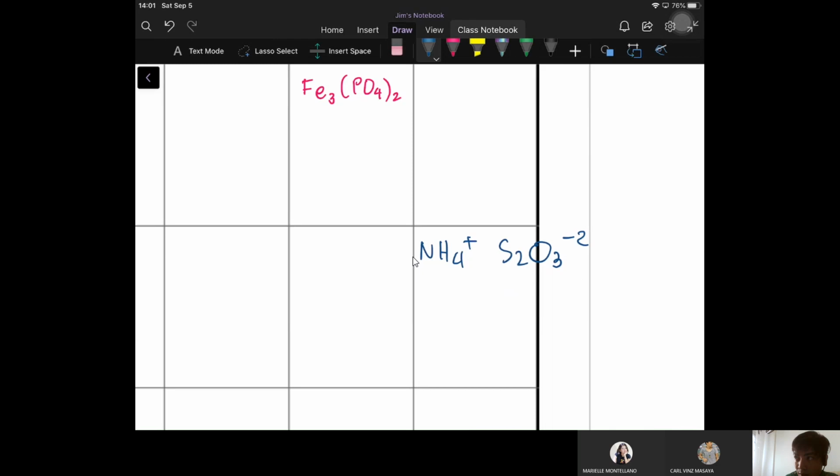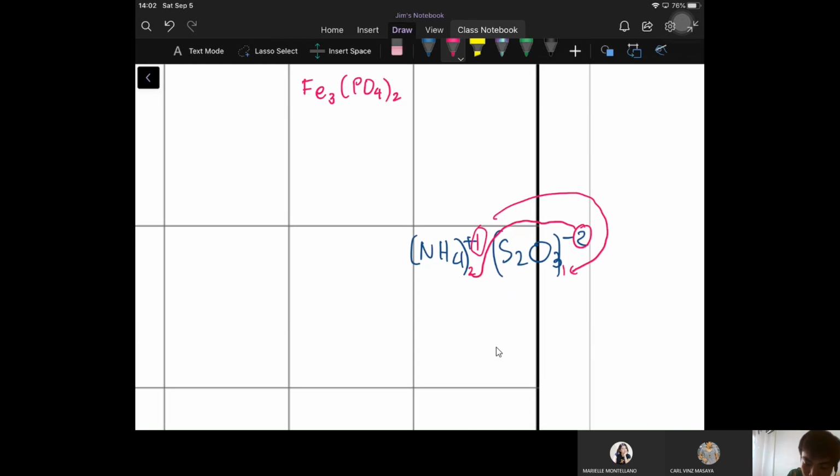More than 2 atoms. What you do is put it in parentheses. The anion, look at it too, this is a polyatomic ion. More than 2 atoms. So, put parentheses again now. Then, what's next? After doing that, the exponents become subscripts. The 2, make it the subscript of the parenthesis for NH4. The 1, make it the subscript of the parenthesis of S2O3.